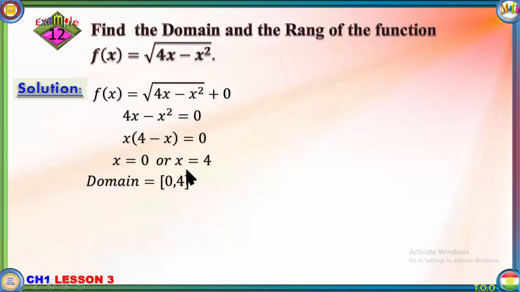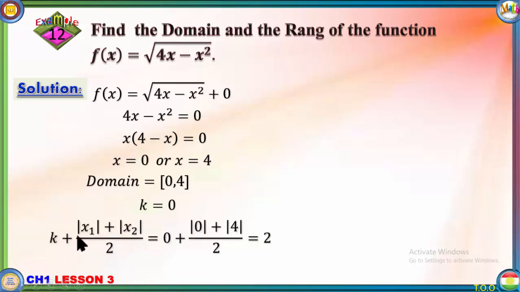But to find the range, k is 0. And because we have a positive sign of the square root, k is 0, and k plus (absolute value of x1 plus absolute value of x2) over 2 is equal to: k is 0, x1 is 0, x2 is 4, over 2 is equal to 2.